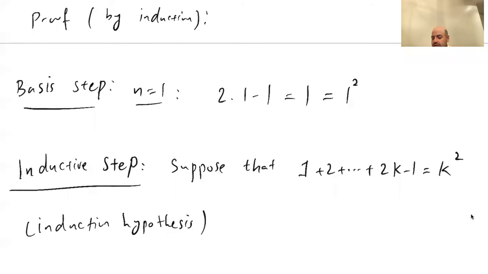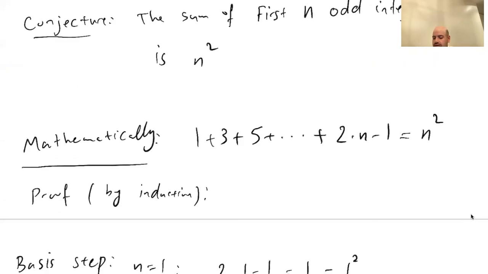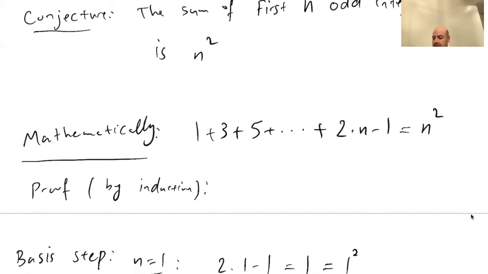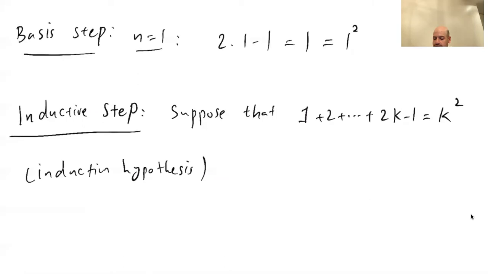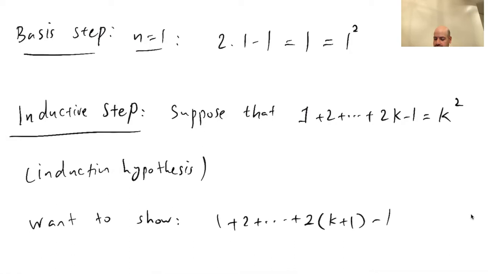The statement that we want to show is this one. And we are assuming that it holds for n equals k, meaning that 1 plus 3 all the way to 2k minus 1 is equal to k squared. And we want to show that 1 plus 3 all the way to 2 times k plus 1 minus 1.